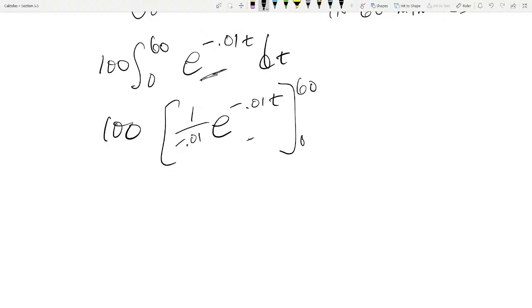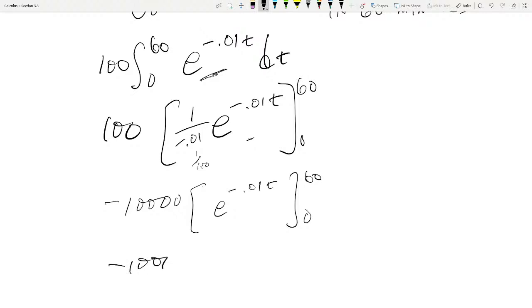So really, what you have here is a minus 10,000 because it's 100 times 100. This is 1 over 100 in the denominator, so it's really 100 in the numerator, and there's a minus there as well. Then I have e to the minus 0.01 t evaluated from 0 to 60.